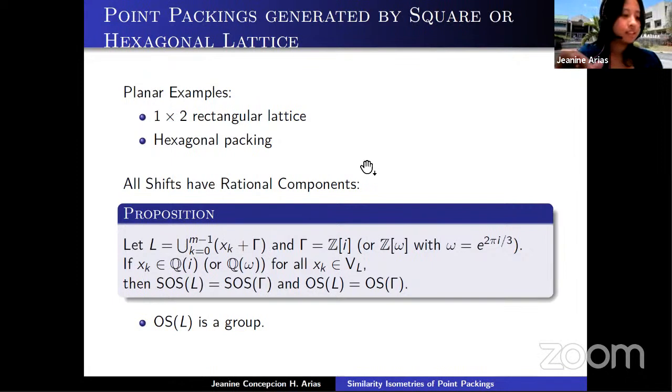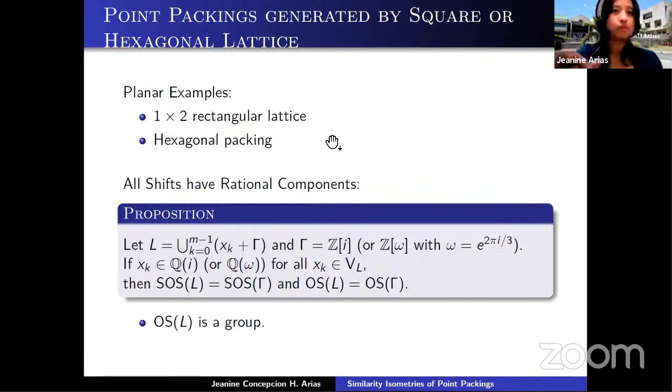As mentioned earlier, these point packings fall under the n equals 1 category. So what we want to compute is OS of L and the skull for each of these point packings.